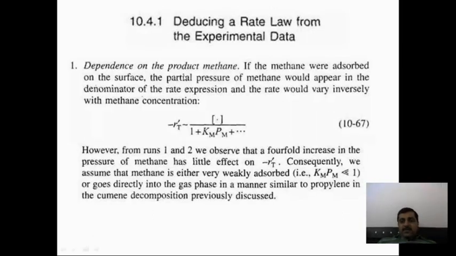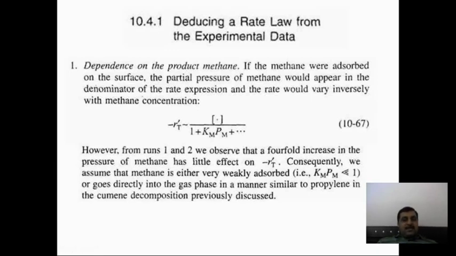If there is a dependence on a certain product, then it will come into the denominator of a rate law. But what we observed from the 2 runs, even though there has been a 4-fold increase, is that we do not have any effect on the rate. So practically speaking, we say that methane is not adsorbed onto the catalyst surface so that it affects the rate.